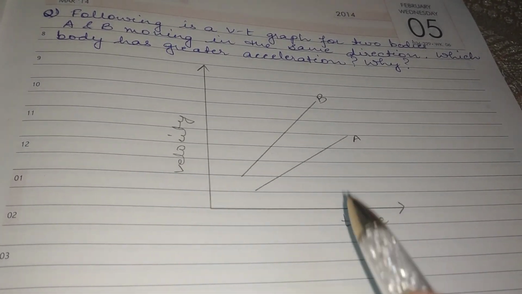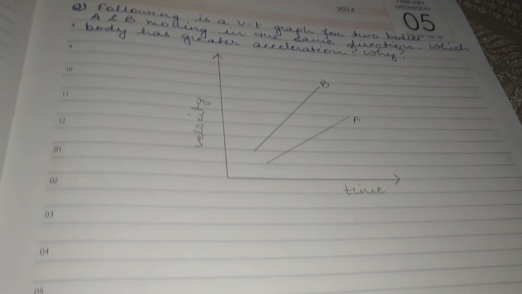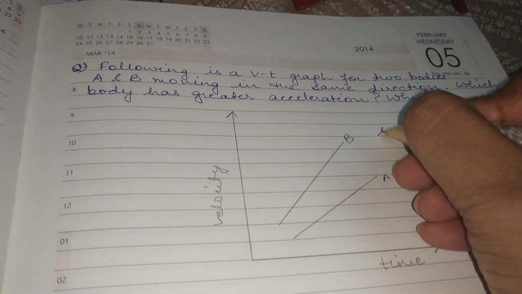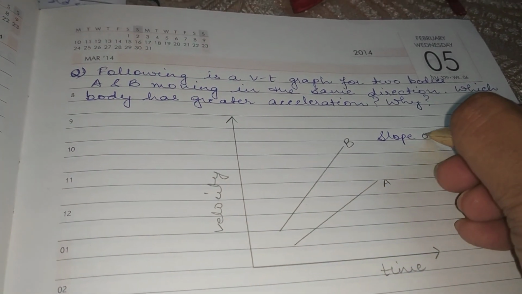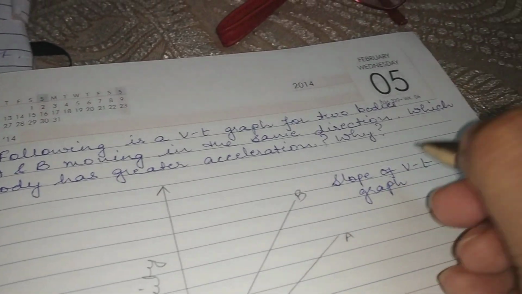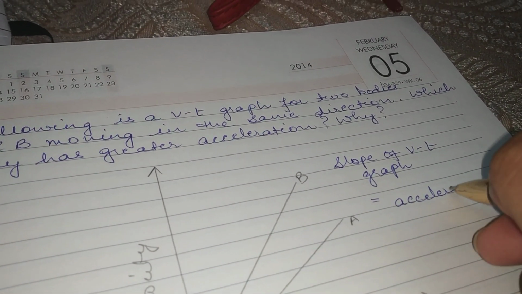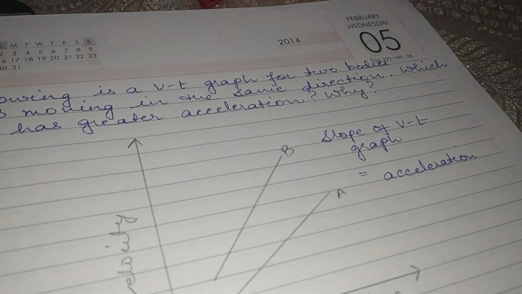Acceleration from a velocity time graph, how do you find? You find the slope in order to find acceleration. So slope of VT graph is equal to acceleration. Right?